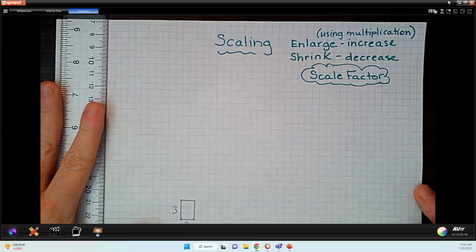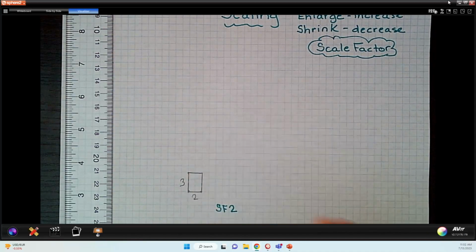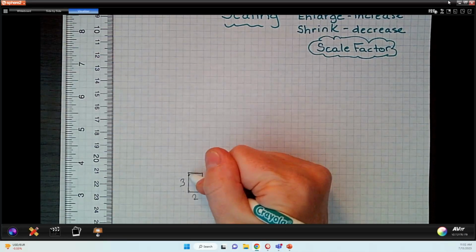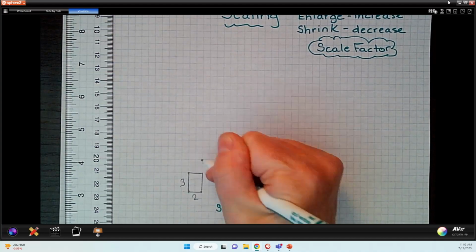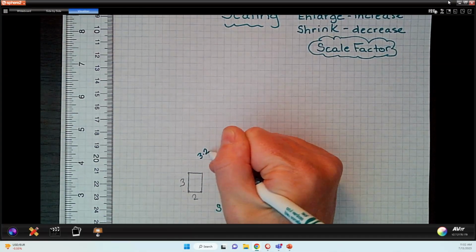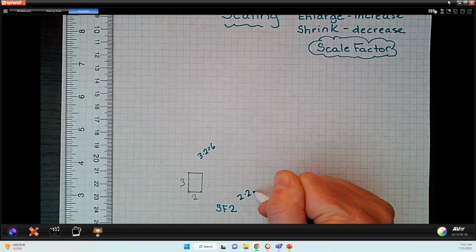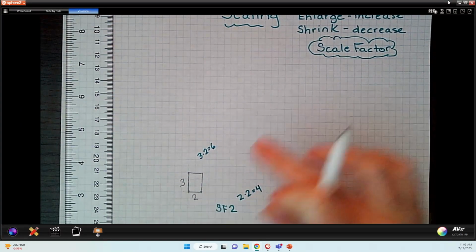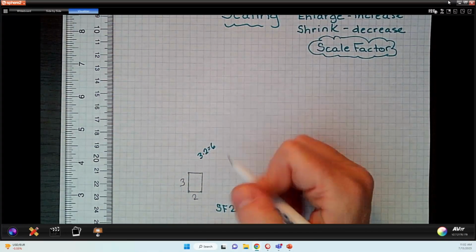Here's my little shape, and I want to enlarge the length and the width. It's very important that students do both by the same scale factor. So if I have 3 times 2, that is 6, and if I have 2 times 2, that is 4. So my scale copy of the original is going to be 6 by 4.